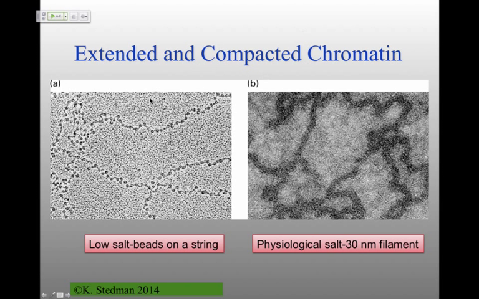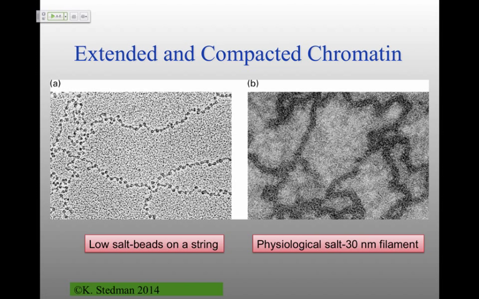So just purifying DNA from eukaryotic cells, you basically get two kinds: either this so-called beads on a string, these blobs with a little string between, that's a nucleosome with DNA between it, or under normal salt conditions, it's usually this 30 nanometer filament, which, as you can see here, is a really highly defined blob.